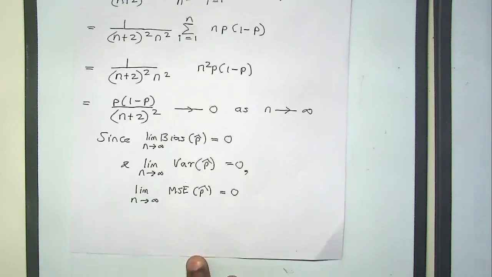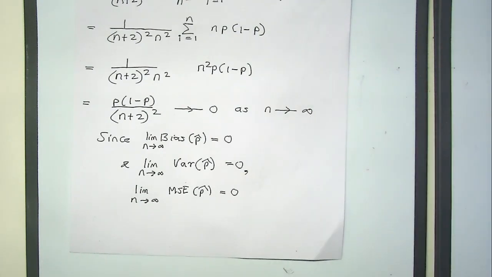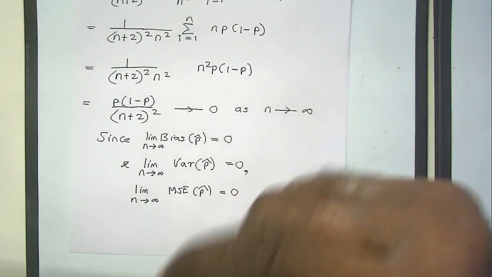Do you follow this argument, guys? That's because of one of the properties I proved in class, that the MSE is the sum of the variance and the square of the bias.